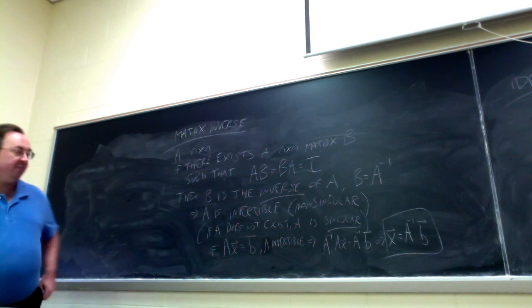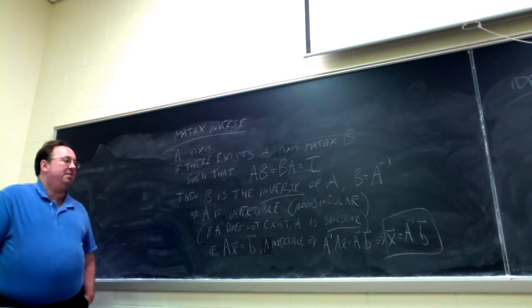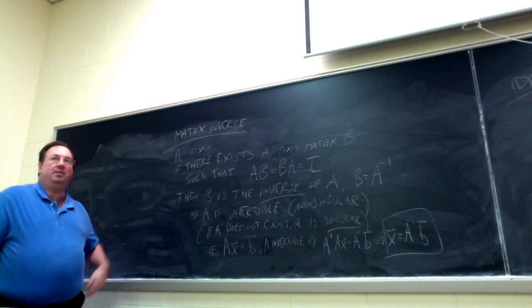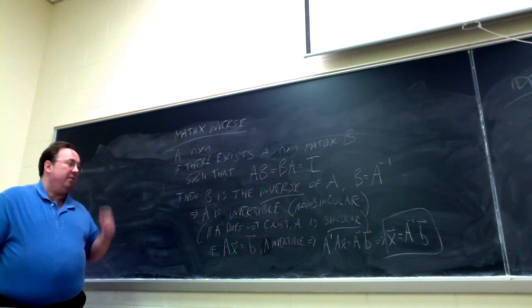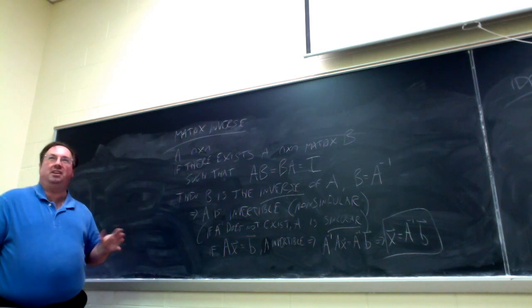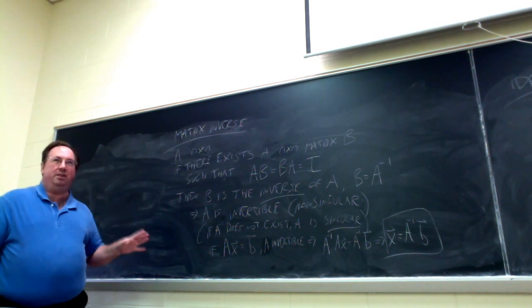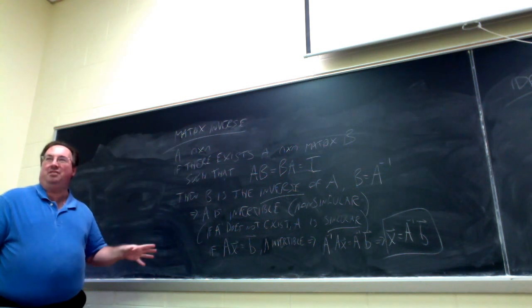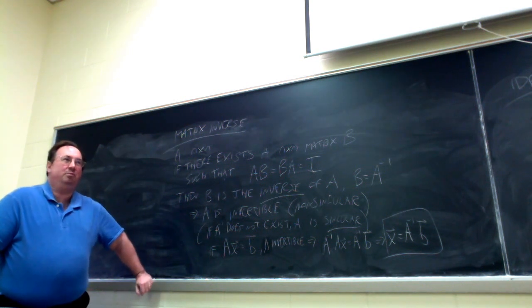All right, so at least we have a way of representing the solution, but that does not mean, and this is something I'll get into more later at the appropriate time, that we're going to actually explicitly compute A inverse. In fact, it's sort of like a law of numerical linear algebra that you never, ever explicitly compute A inverse. Now and then I'll violate that, but almost all the time you do not.